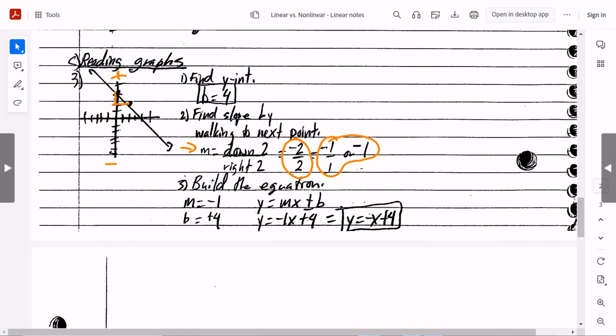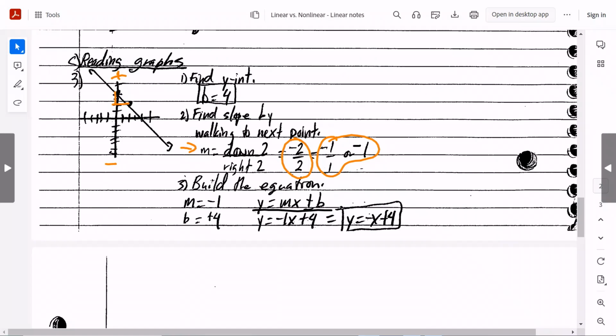Okay, so then you build the equation. So when you build the equation, m equals negative 1. Your b is a positive 4, or in this case, a plus 4. So put it into the y equals mx plus or minus b format. Negative 1 goes in for m.